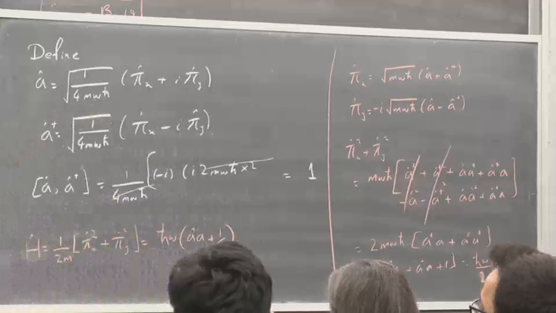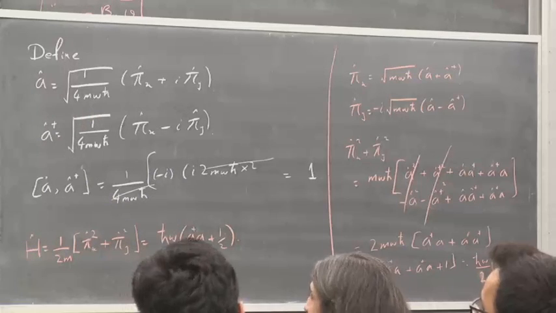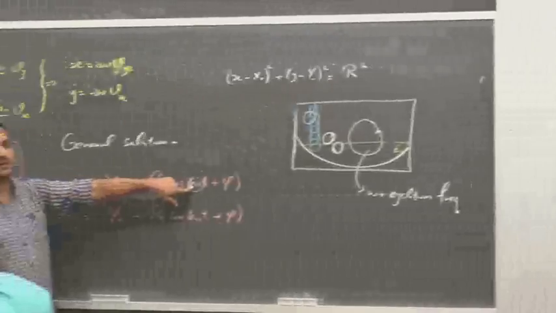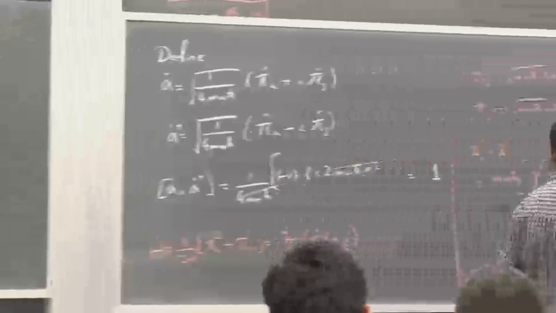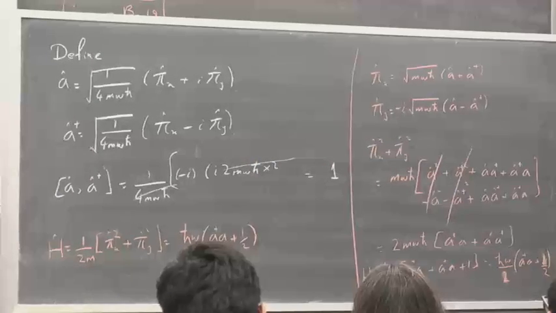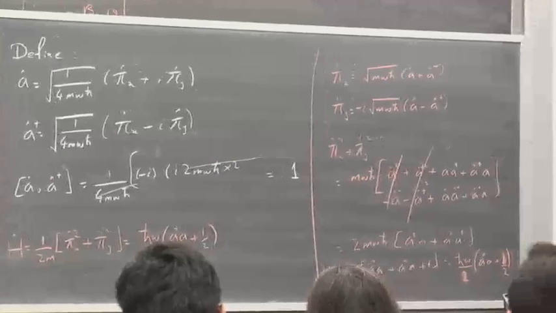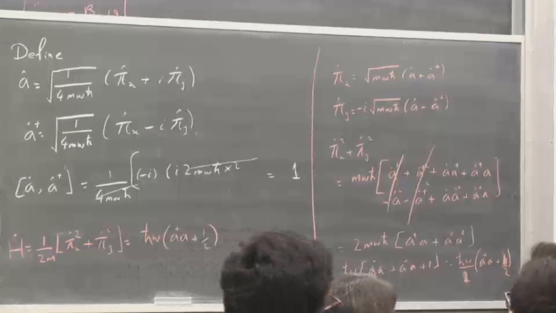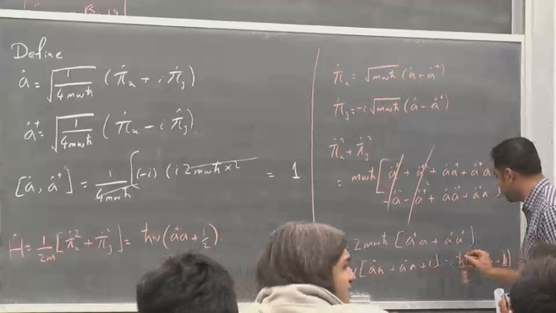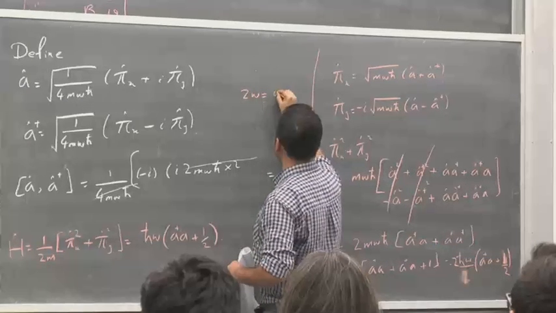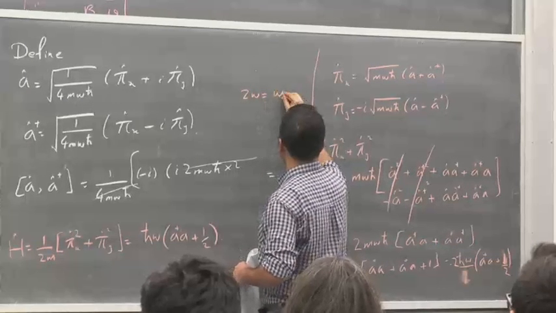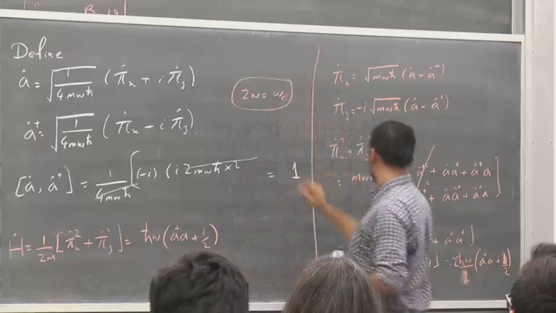It's just that in terms of this frequency it's giving me h bar omega, so 2 h bar omega, since you take the 2 common outside. I said 2 omega is the cyclotron frequency, so let's give it a name, omega_c.